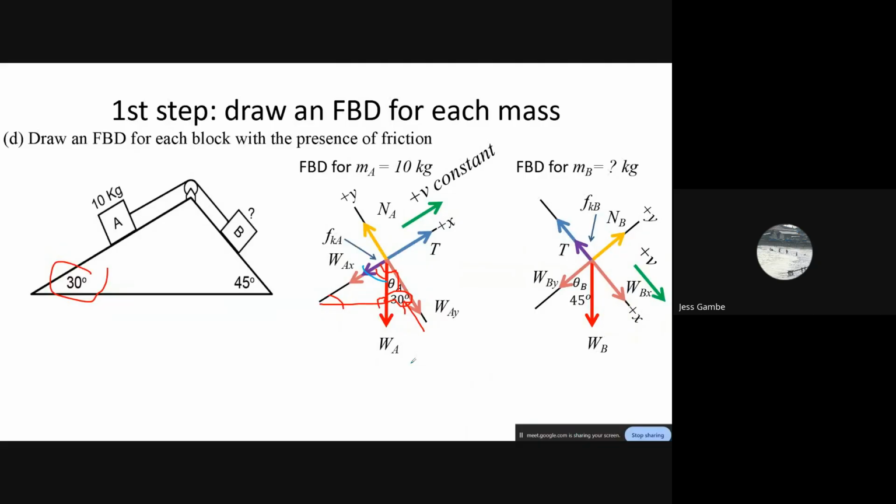It's a matter of preference. I prefer the y-axis, but just maintain consistency, whether it is your WAX or your WAY.